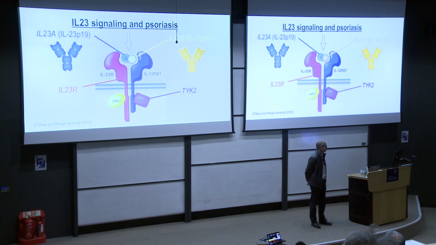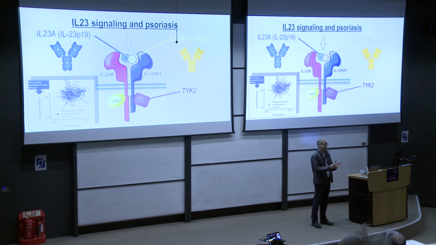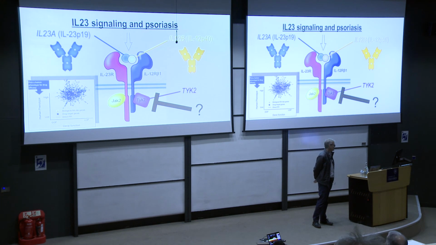Antibodies against the ligands themselves have been shown to be beneficial in treating psoriasis. So this is that first part, using psoriasis and genetics of psoriasis as an acceptable surrogate for drug efficacy. I think the fact that you actually have drugs that are targeting components of this pathway provides that evidence. The question, of course, is will inhibitors of TYK2 be therapeutically beneficial?